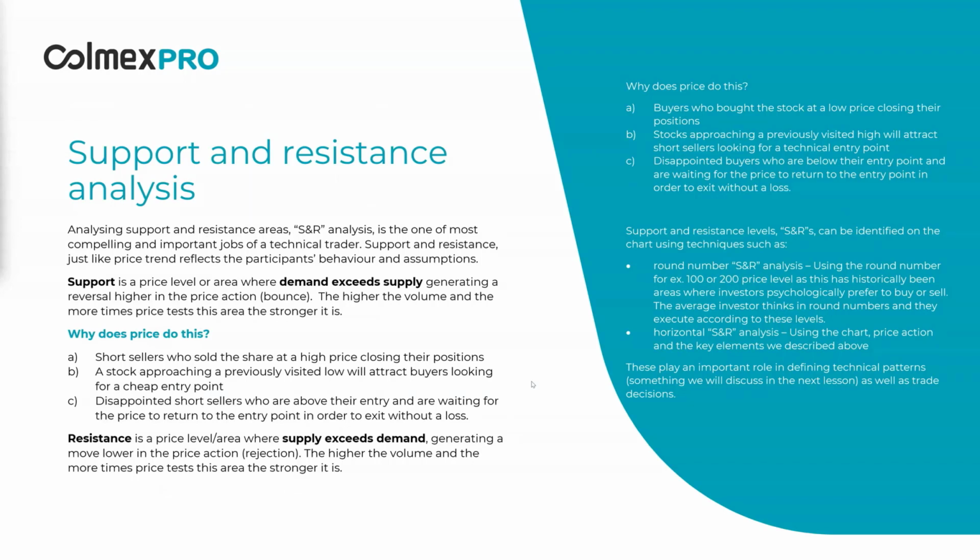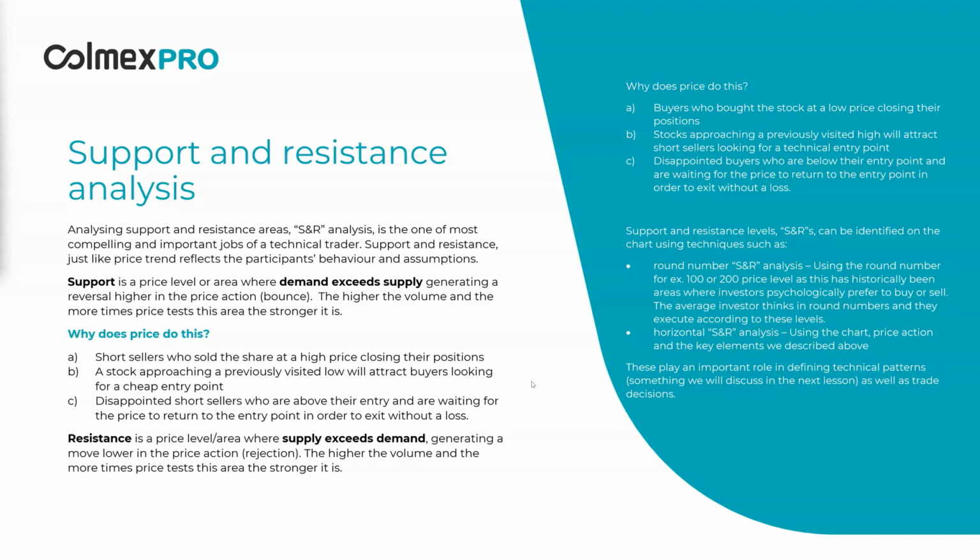Well, at support, you'll often have short sellers who sold a share at a high price closing their positions, and in order for a short seller to close their position, they have to buy to cover. So they are adding buying pressure there. And then a stock approaching a previously visited low will attract buyers that are looking to enter at a cheap area. So they're buying on the pullback.